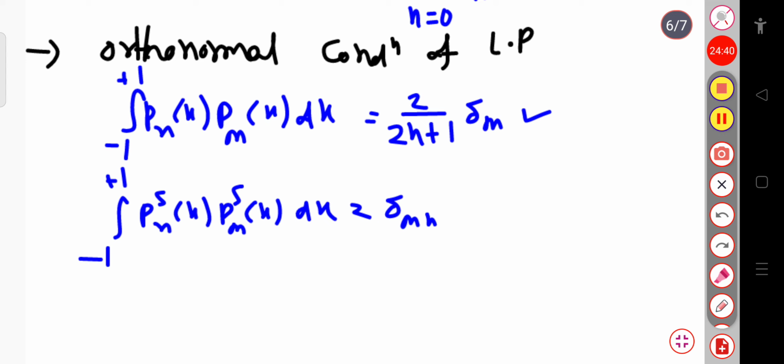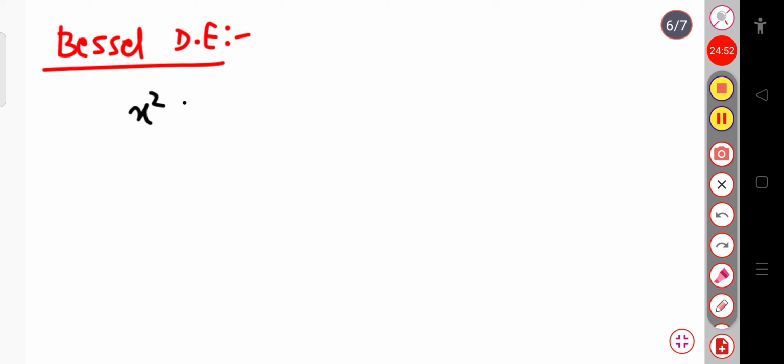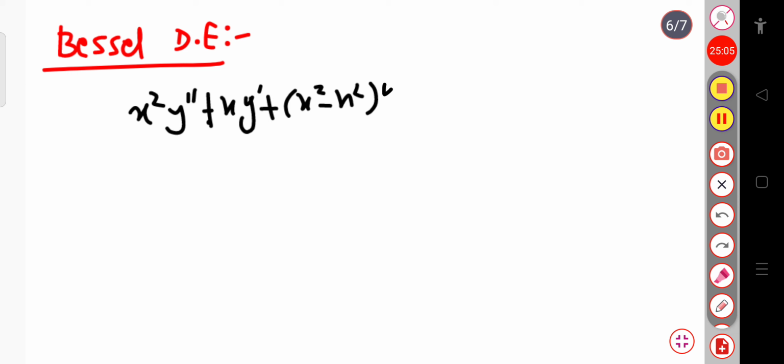Now we will see the Bessel differential equation. For the Bessel differential equation, we can write x square y double prime plus x y prime plus x square minus n square, whole into y, equal to 0. Here y prime means dy by dx, y double prime means d square y by dx square, and so on.